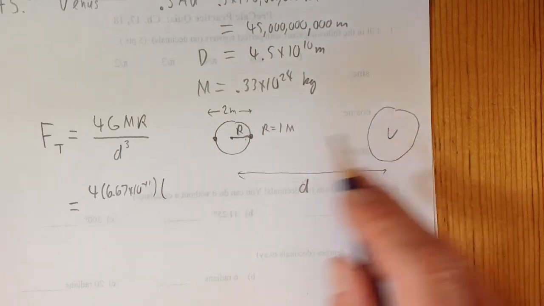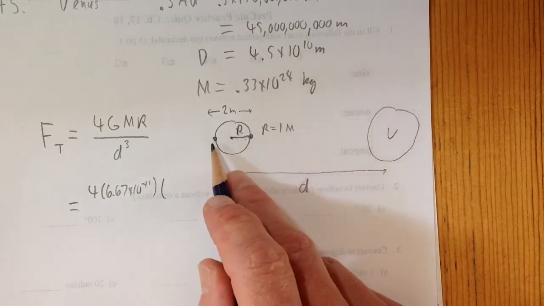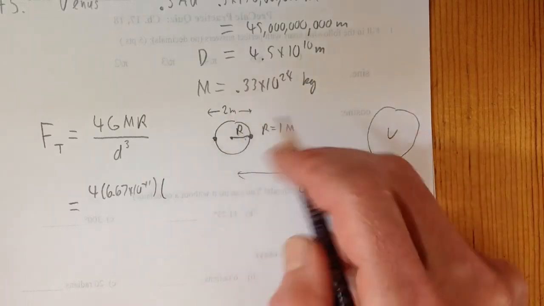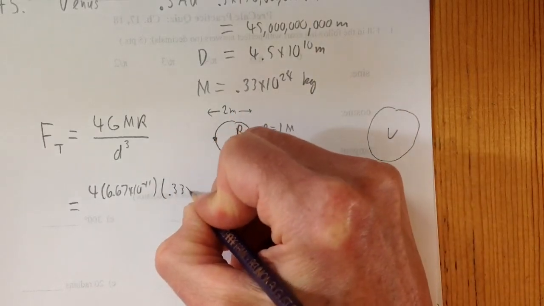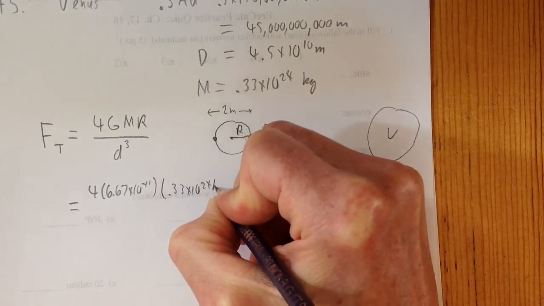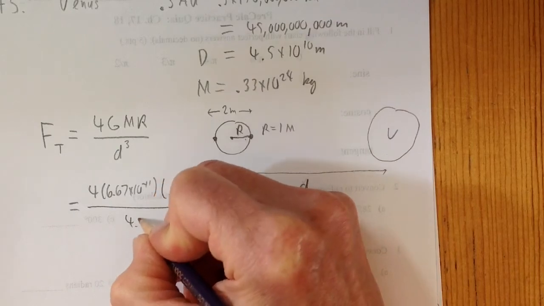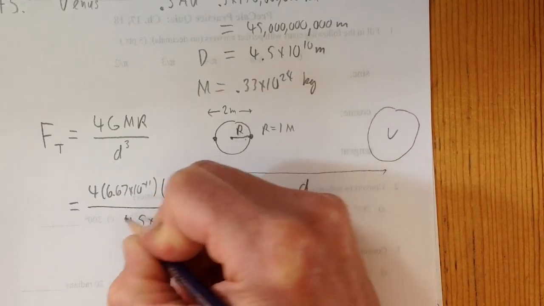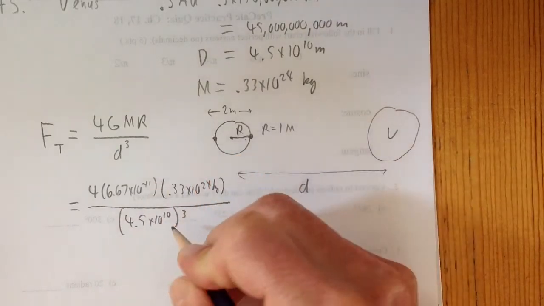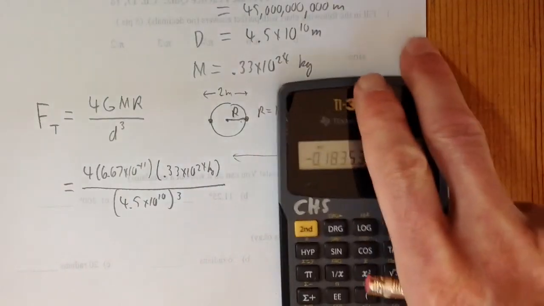Your mass doesn't matter because all it's doing is how hard it's pulling on one side versus the other side. And we know the mass of Venus, I wrote it down there, is 0.33 times 10 to the 24th kilograms. And the distance we figured out was 4.5 times 10 to the 10th. And we got to cube it and not forget to cube it. Okay, so let's plug in all these numbers.